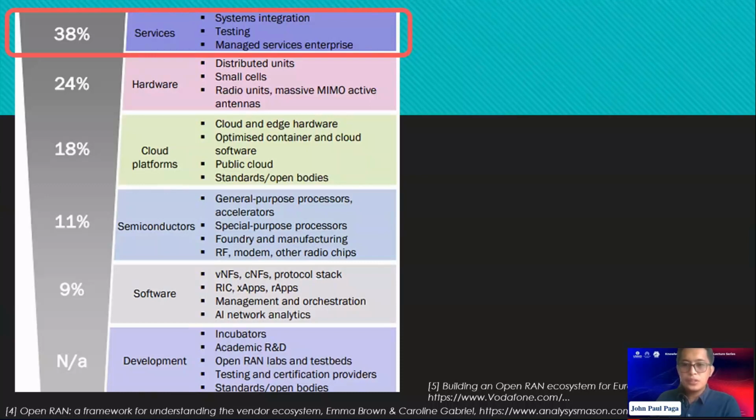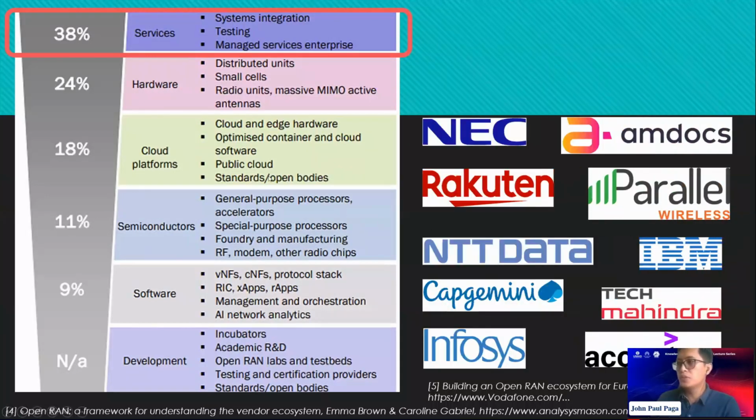Let's see some of the players that could bring in these services. We have NEC, Amdocs, Rakuten, Parallel Wireless, NTT Data, IBM, Capgemini, Tech Mahindra, Infosys, and Accenture.